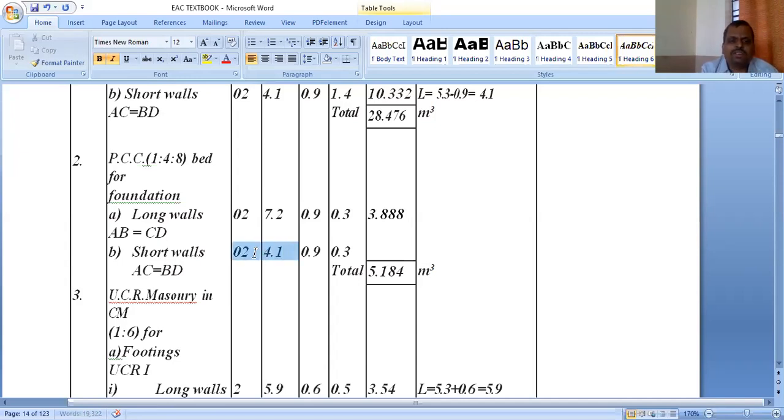In the same manner, we have to work out the quantity of the short wall. For that, we have already calculated the length of the short wall as 4.1 meter. The width of the short wall will be, no doubt, 0.9 meter, whereas the thickness of this foundation is 0.3 meter.